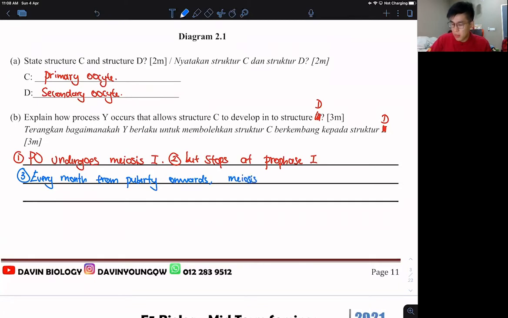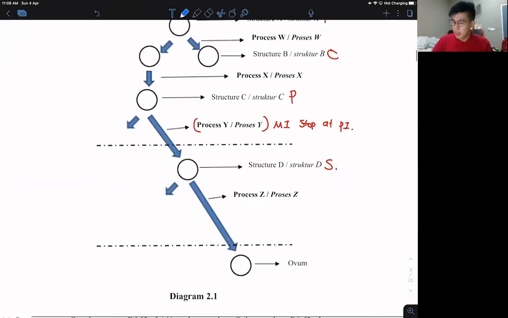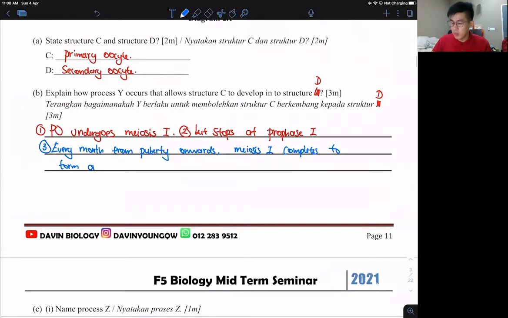meiosis 1 completes to form a secondary oocyte. Yes, you can say one primary oocyte is better. Okay, sorry.